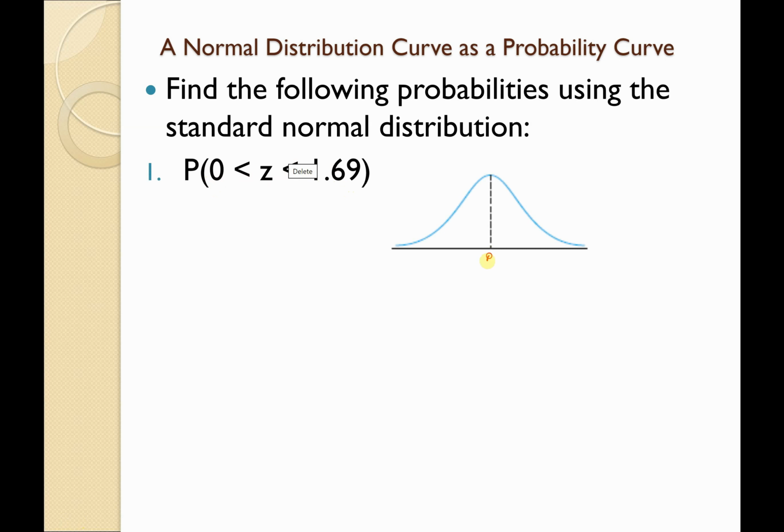So don't let the probability notation throw you off. You are simply just finding the area between those two z-values. That's all you're being asked to do. So if we were to do that piece, just trying to save you a little bit of time here, a little general rundown. This is the same process we had before.